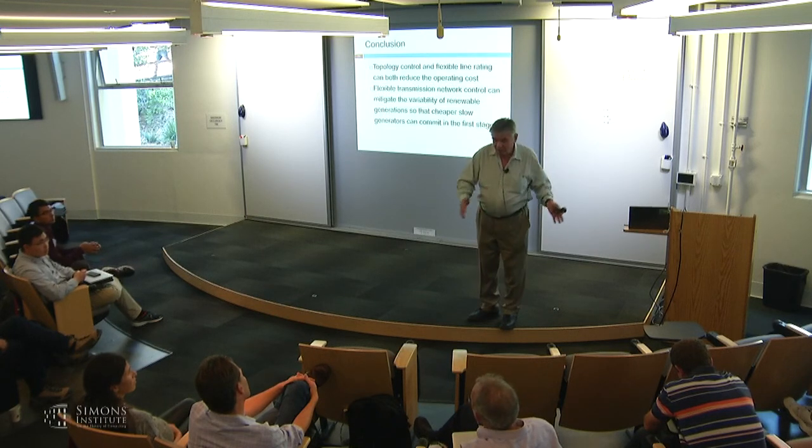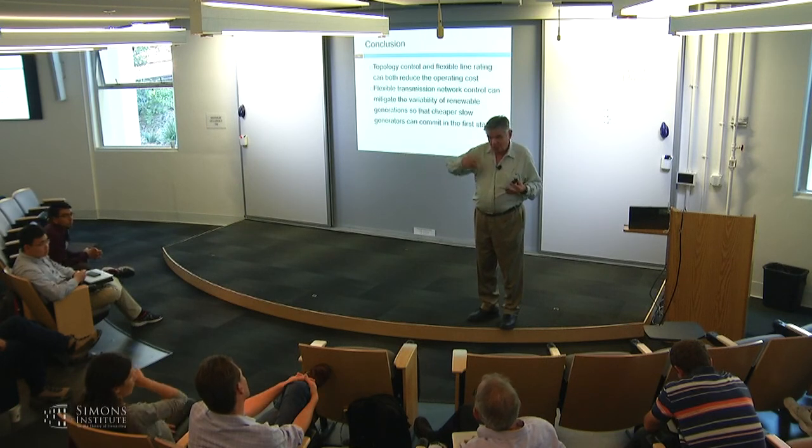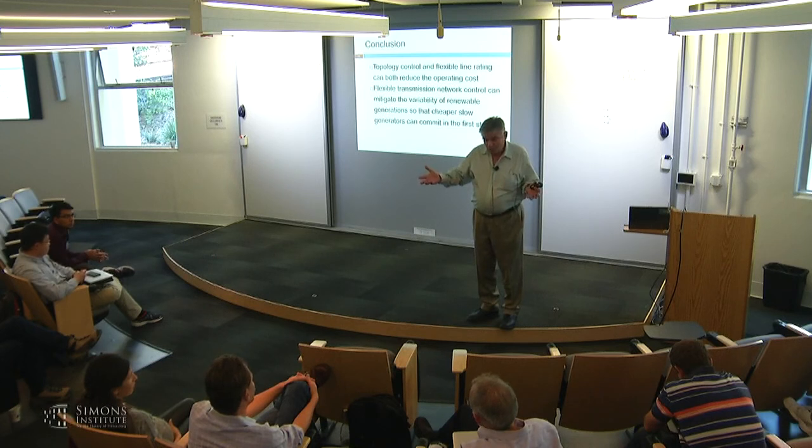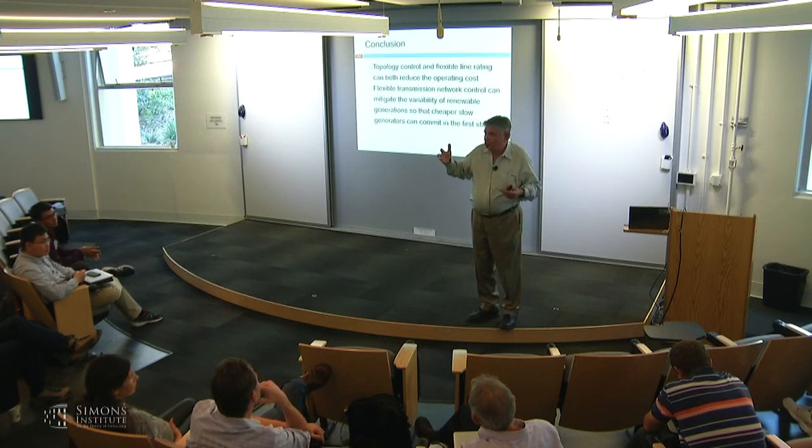People buy rights on lines point to point, and now you change the topology and that can make them lose money. So this has been a problem. From my point of view, you should do the right thing, and the market should follow, but not everybody agrees.